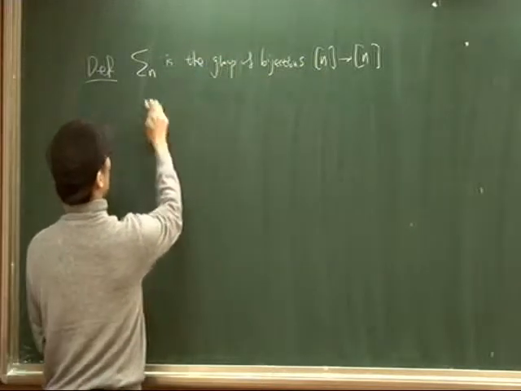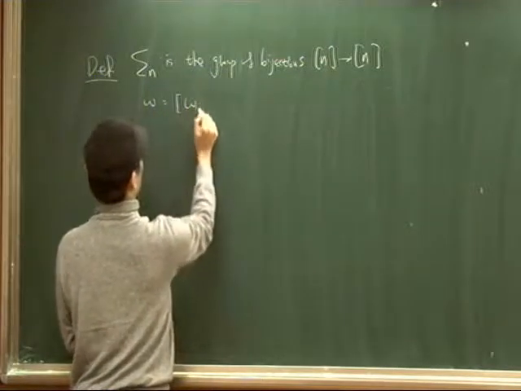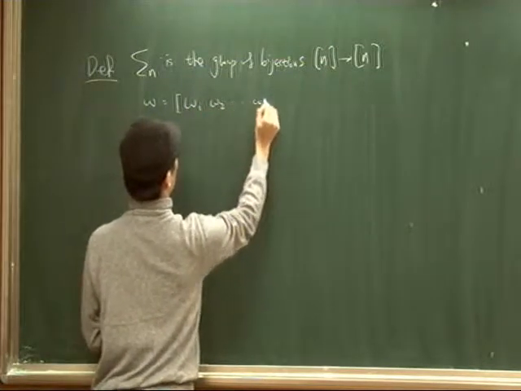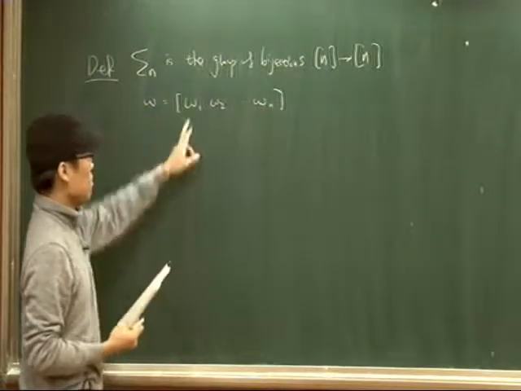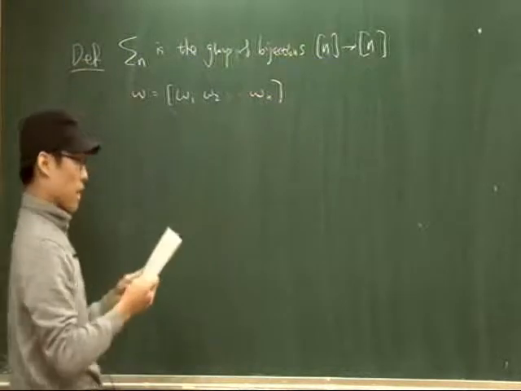The notation I'll use is one-line notation. This means 1 goes to w1, 2 goes to w2, and n goes to wn.